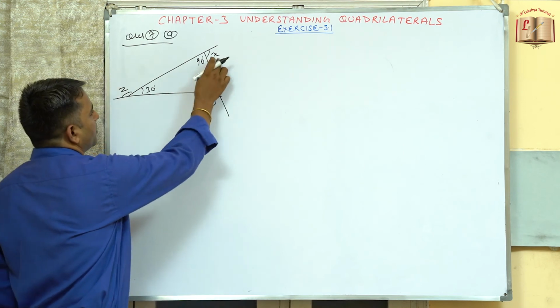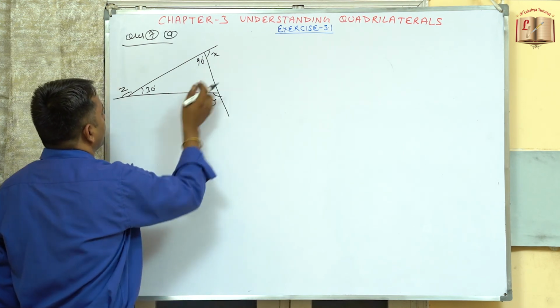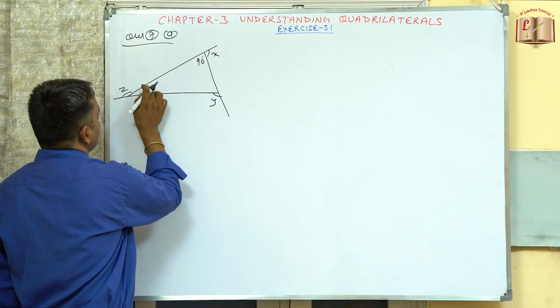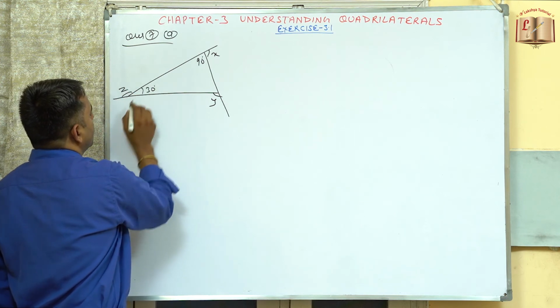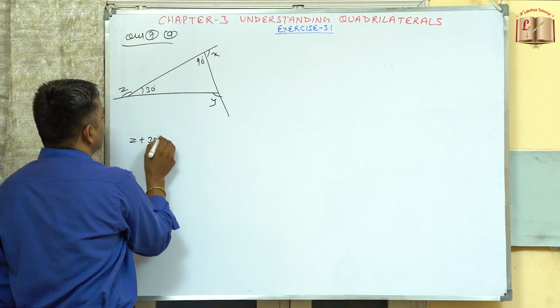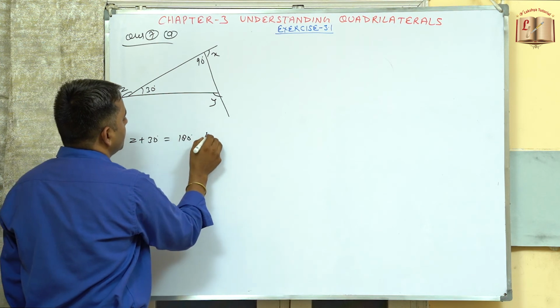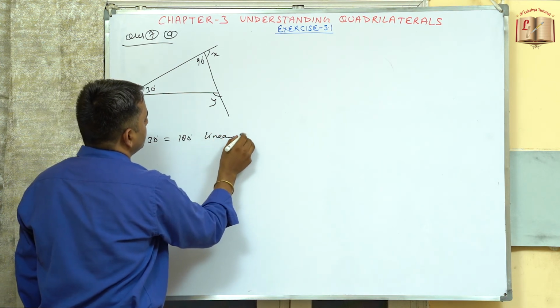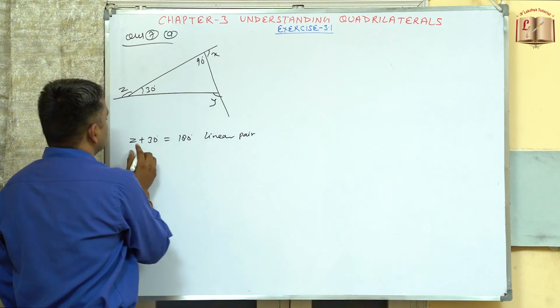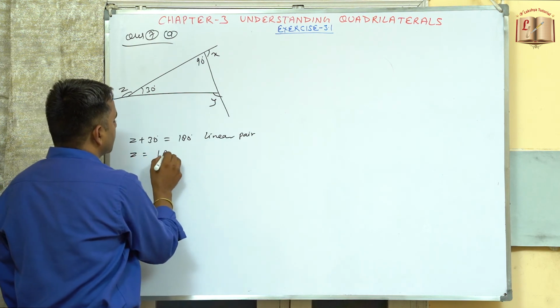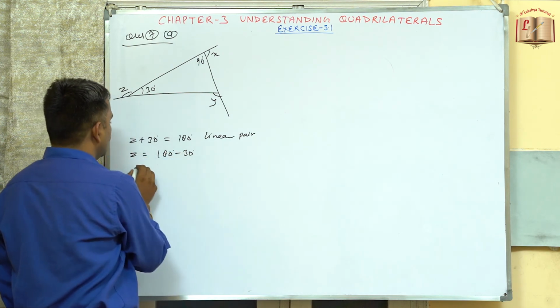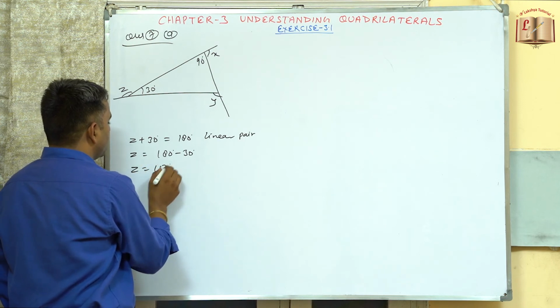So from here first of all we will find out this x, y and z. So now see that this is a complete linear pair. So z plus 30 will be equal to 180. This is a linear pair. So z will be equal to 180 minus 30. So this is 150 degrees.